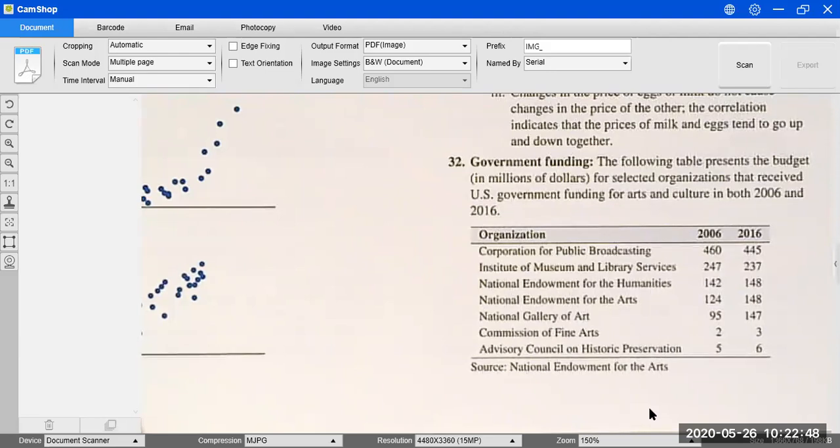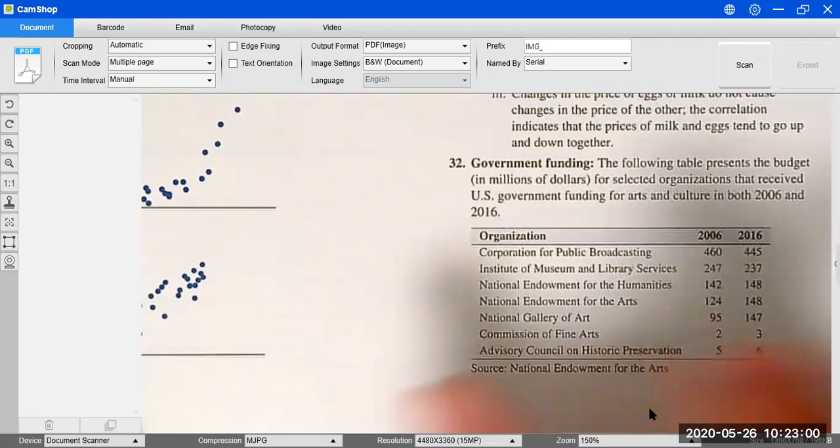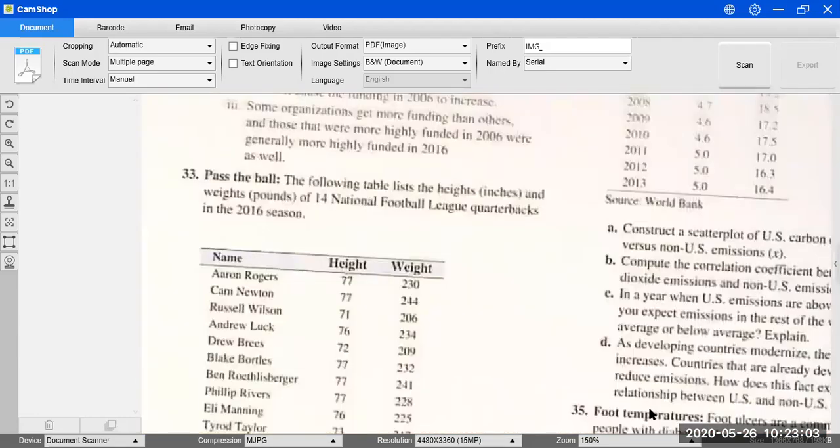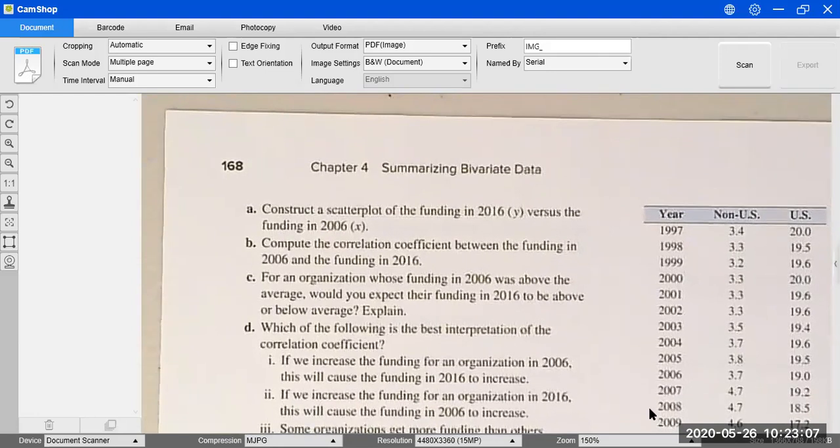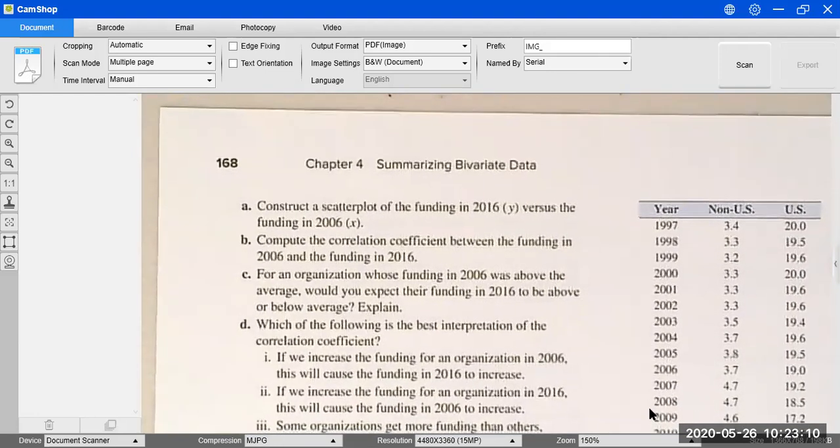This is the budget for selected organizations that receive US government funding for arts and culture. There are many questions, so you're going to work only part A and part B. Part A is just constructing a scatter plot, and in part B, you're going to compute the correlation coefficient between the funding in those 2 years. So that's what you're going to work on.